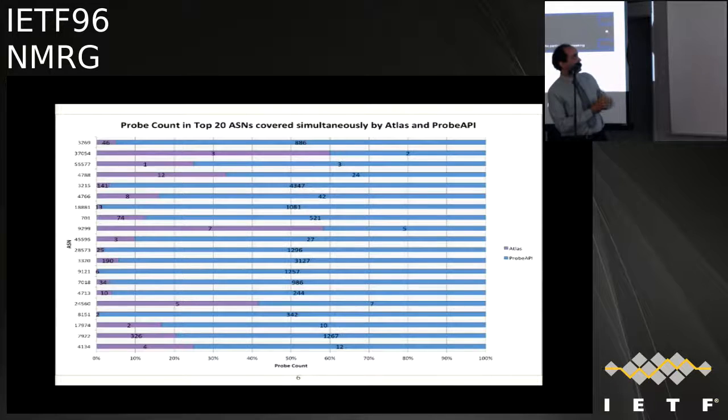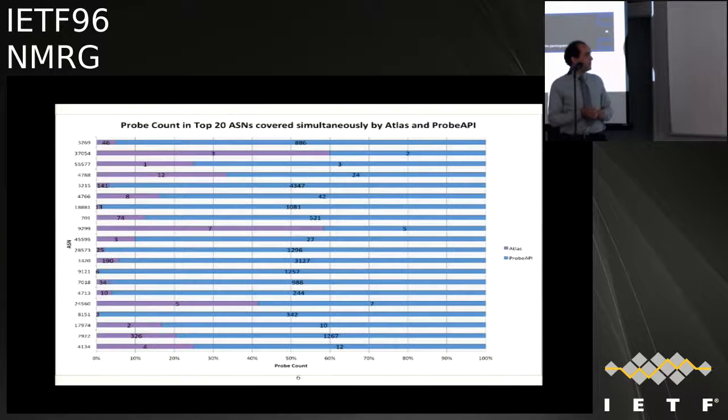For example, if we take the top ASN, we have 46 probes in that ASN from Atlas and 886 active at the moment when we took the screenshot by Probe API. So this can show us how we can overcome these measurement problems with software probes and what we did in this region using this kind of measurement method.